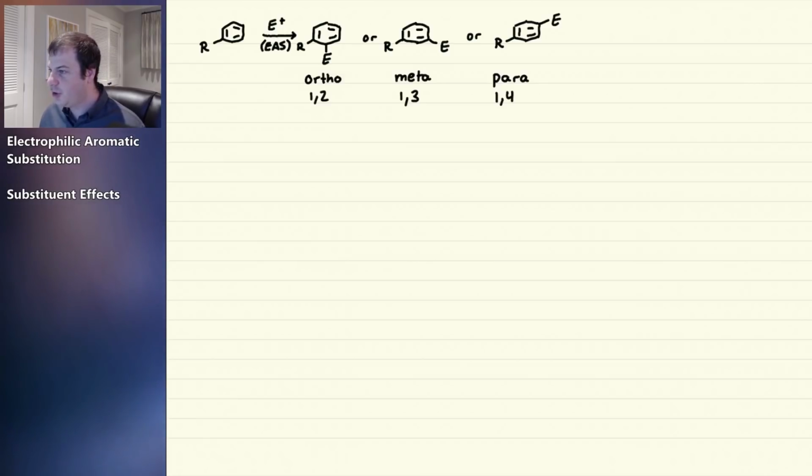So what we're going to look at is the fact that certain substituents have preference for one or more of these regioisomers. That's the word we would use to describe these regioisomers.